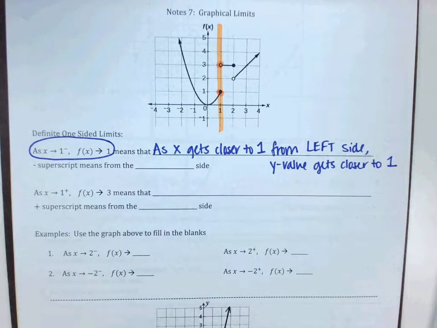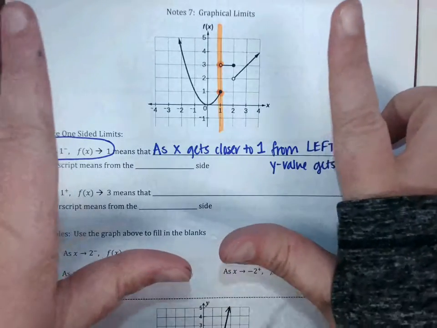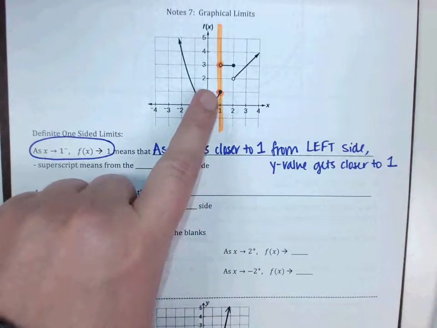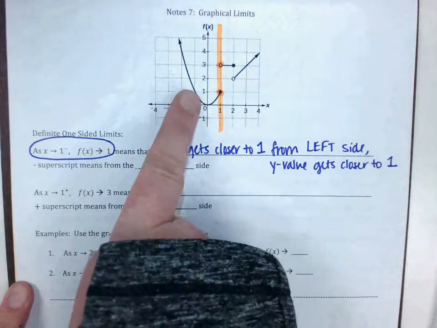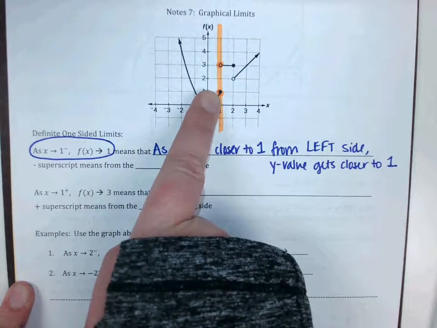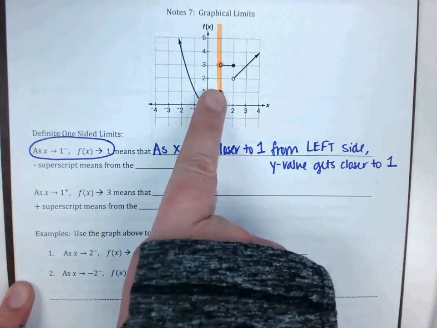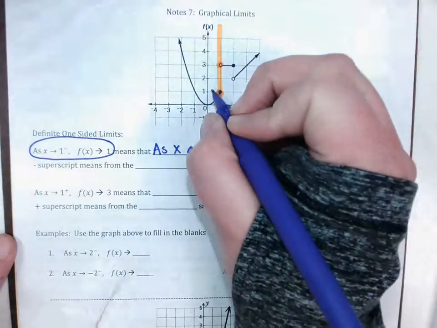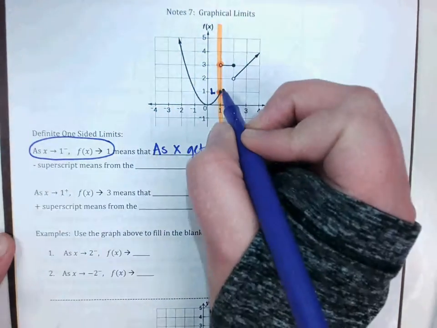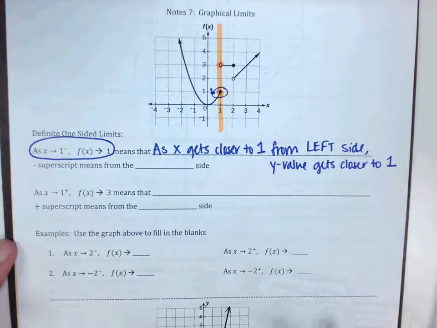Now, if you're one of my people that does this, the one that's shaped like the L is the left. So I want this side. So if I'm doing my little mini L's, I want to be on this side. Where does this side go to? Is it the 1 or the 3? 1. The 1. So as I trace from the left side of the line, I want to be at 1.